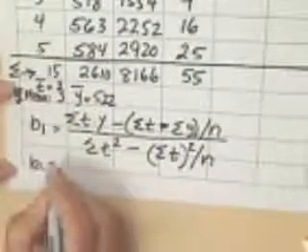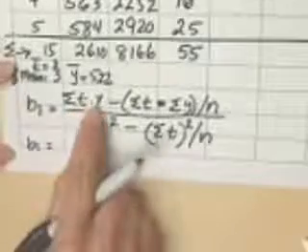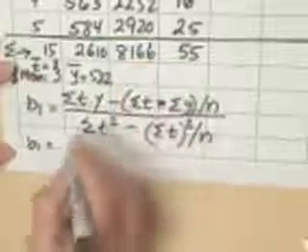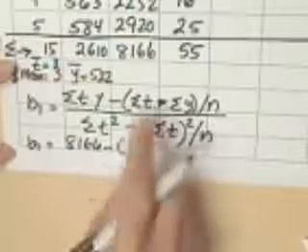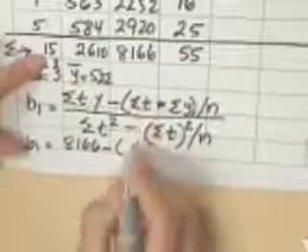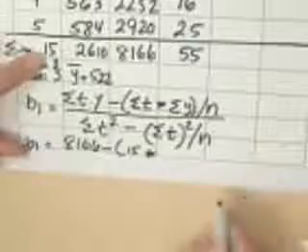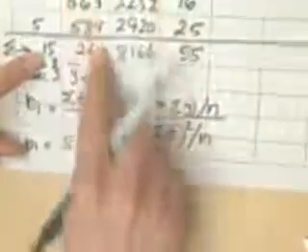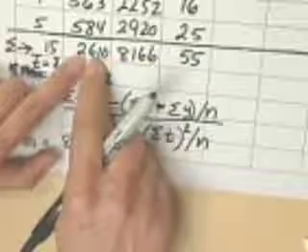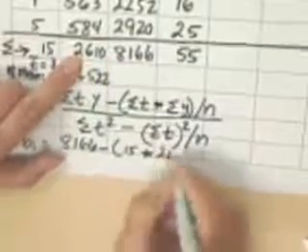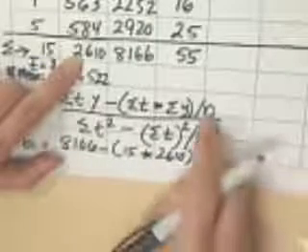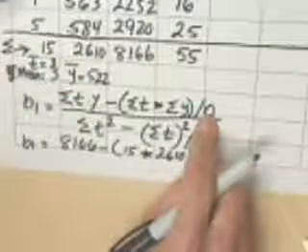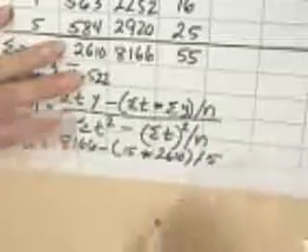So B1 will be summation of t times y column. Here's the t times y column. Here's the summation for it. So that'll be 8166 minus the summation of the T column, which is 15, multiplied by summation of the Y column, which is 2610. That whole term must be divided by n, and n is 1, 2, 3, 4, 5. We have 5 observations, divided by 5.